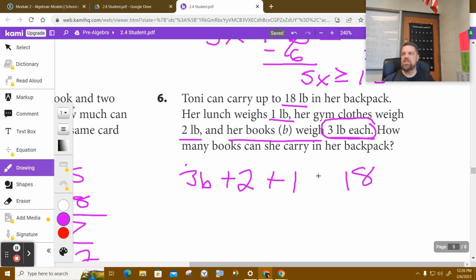We need to figure out, is it going to be greater than 18 pounds, less than 18 pounds, less than or equal to? When you see things like up to 18, that means it can carry 18, so you put the equals to.